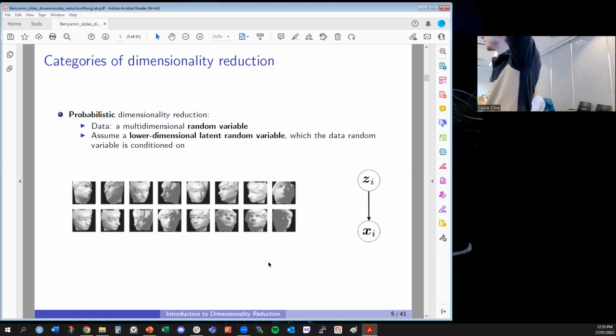If you assume this latent variable is lower-dimensional than the actual data, then you have dimensionality reduction when you try to find it. You can draw this with a probabilistic graphical model, where we try to find the Zi.